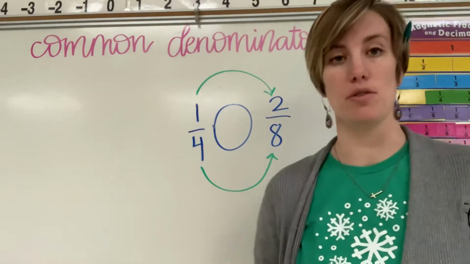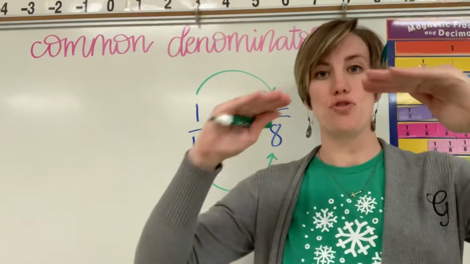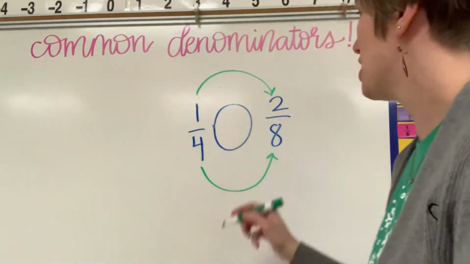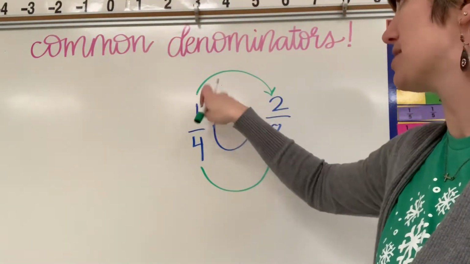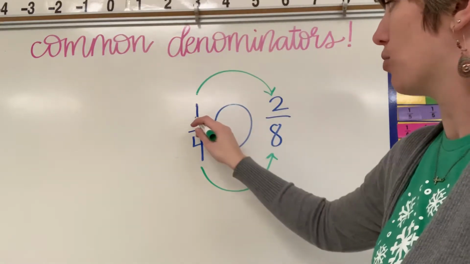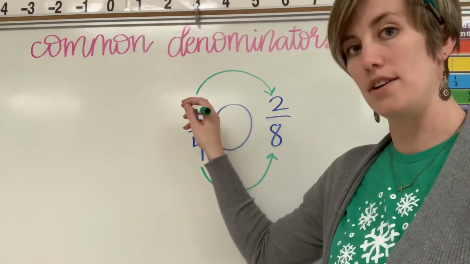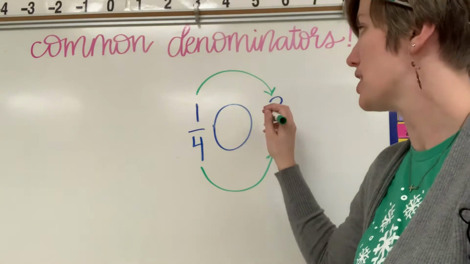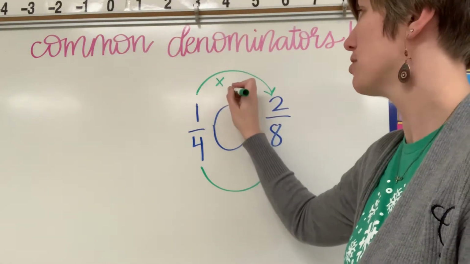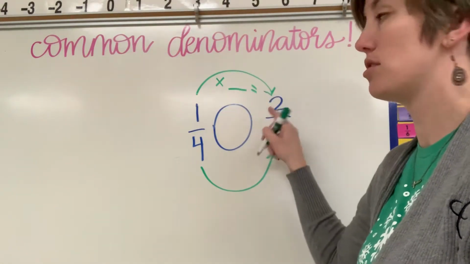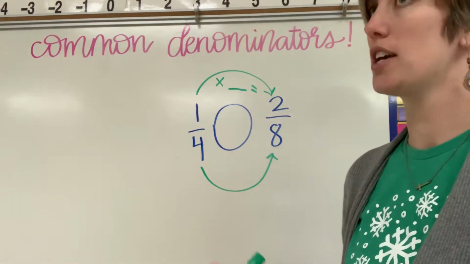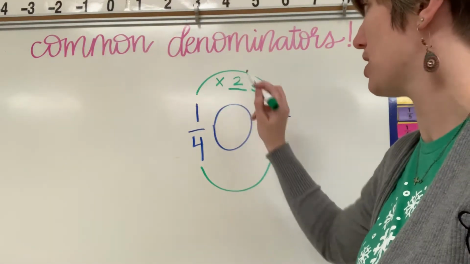Because I've taught my students, whatever you do to the top, you must do to the bottom. So we're looking for a missing factor here. Can we multiply 1 times something to equal 2? Hopefully in your mind, you're like, yes, 1 times 2 equals 2.